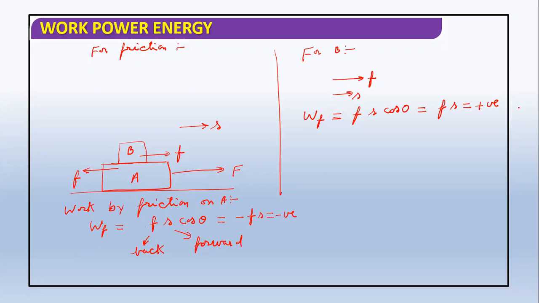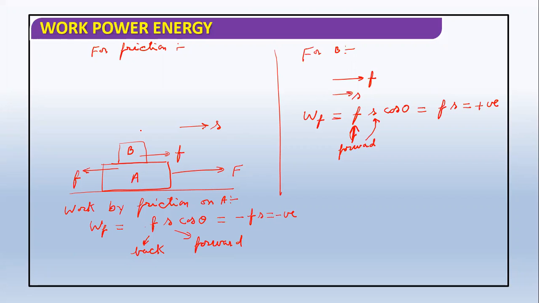Friction and displacement are both along the same direction, so the work done will be positive. So you can see the work done by friction is positive in this case on B. So you can have the work done by friction as positive also.